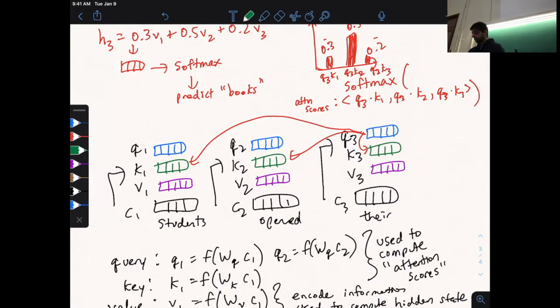Why do I need a value vector? I could just use the same query vector to compute the dot product and do the hidden state weighted average. But it turns out that having these 3 different projections is better. So that's why people are still using it. Yes? Just going in the opposite direction, why not have one more vector? Yeah, you could have one more vector.